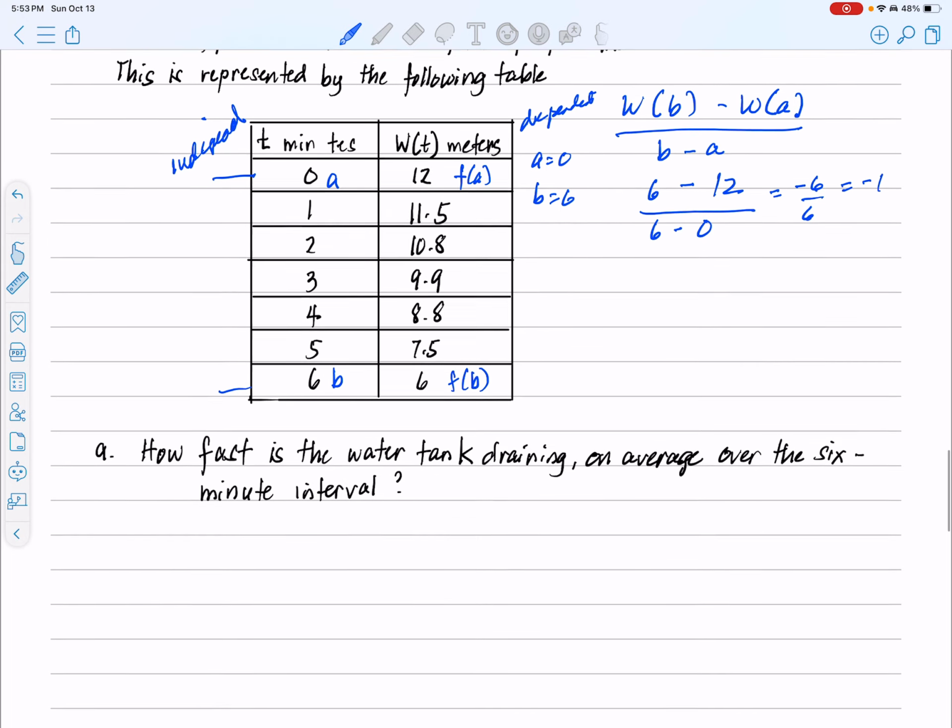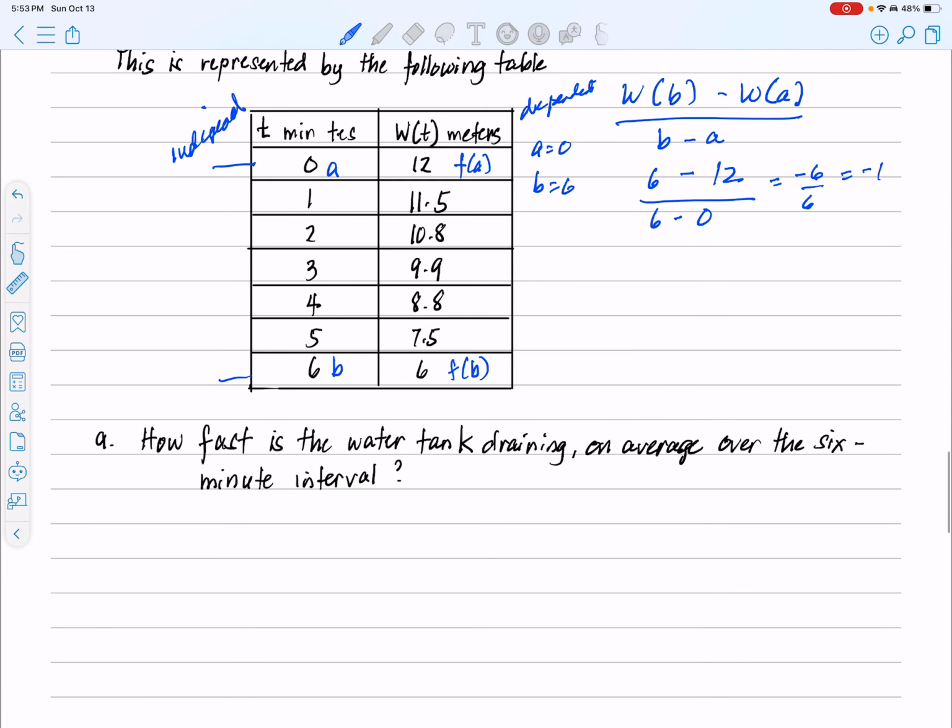Oh, I should have written it here. Sorry, could I change this? Because I will be using that space for the second question. So this will be 6 minus 12, over 6 minus 0, negative 6 over 6.